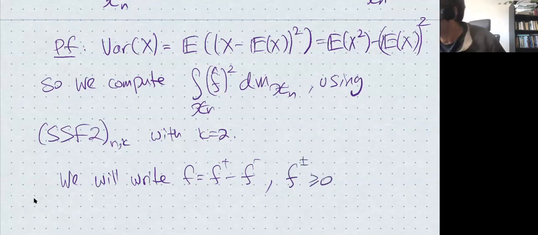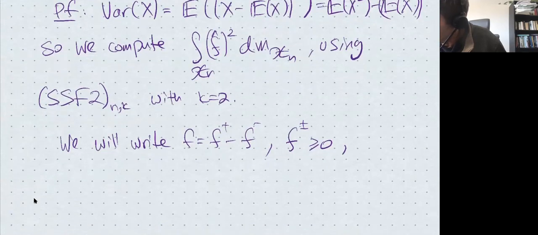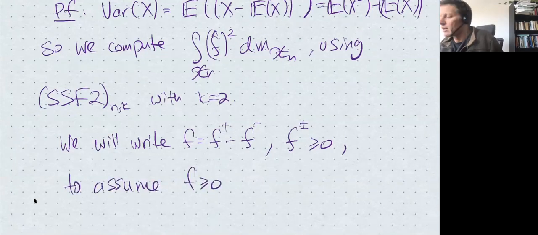So I'm separating f into its positive and negative parts, and I'll just write it this way. So I'm assuming that f is non-negative. I'll justify this more carefully in a second. So let's first work under the assumption that f is non-negative.